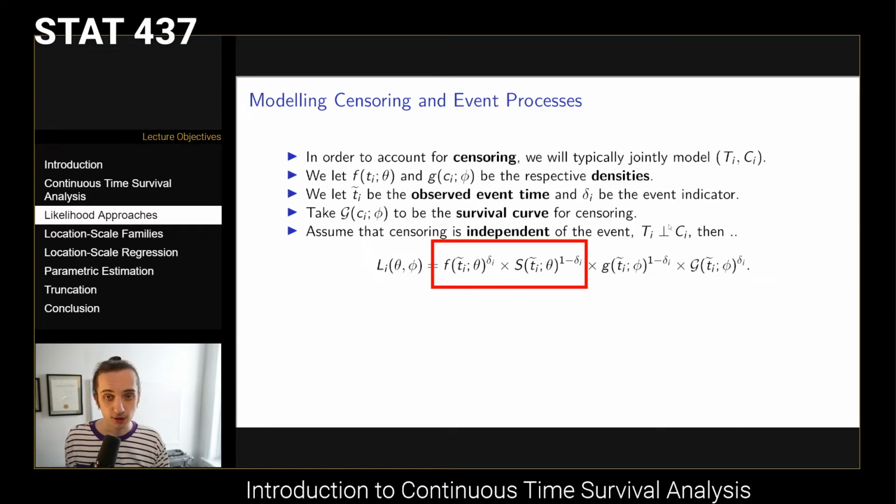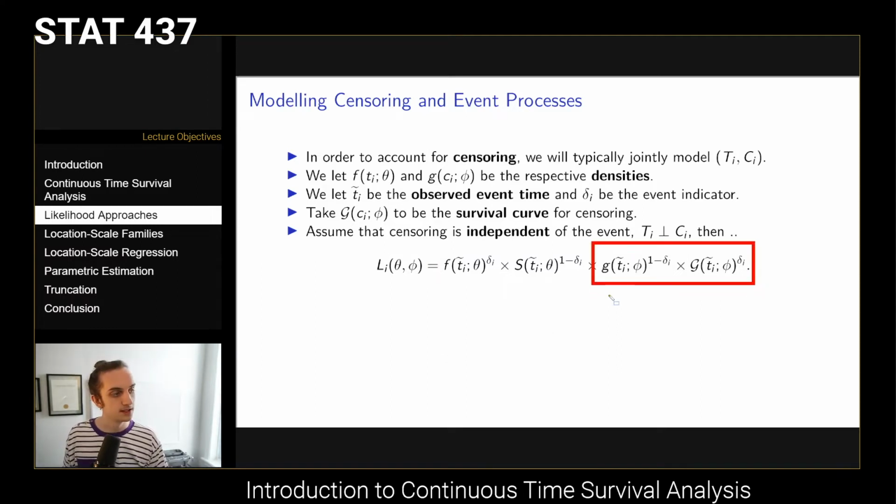And so for the event process, you're either going to get a contribution equal to the density evaluated at our observed time, and that's if the event occurs, or you're going to get a contribution of the survivor function evaluated at the observed time if the event does not occur. We have a similar thing going on in reverse as the second set of terms over here, right?